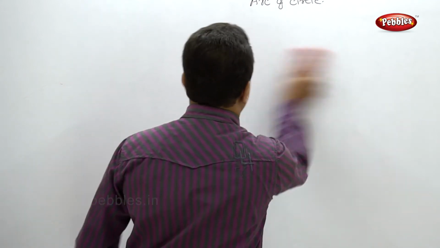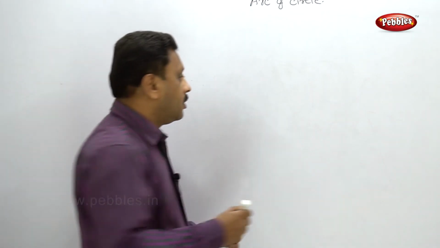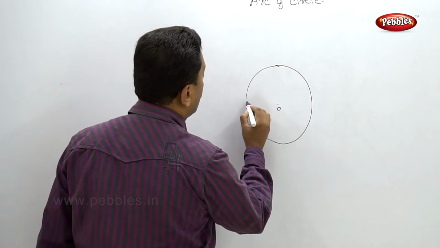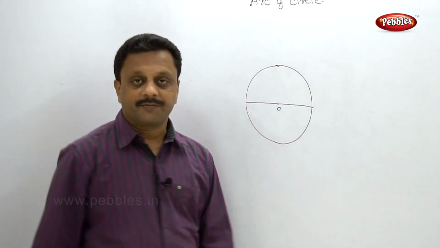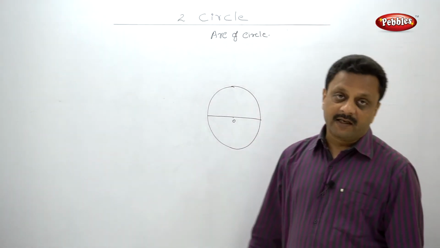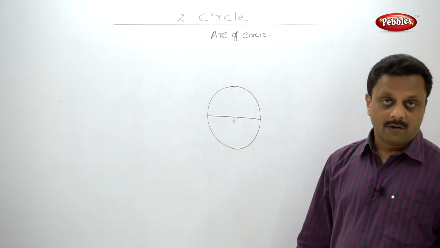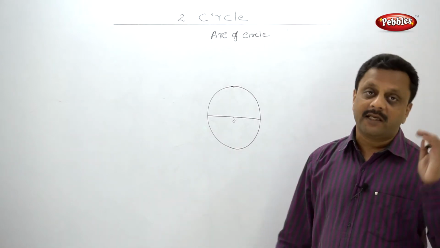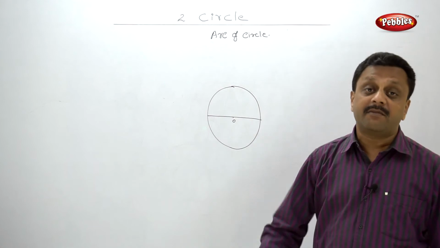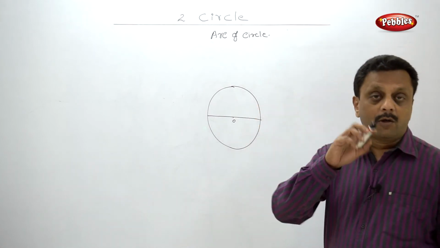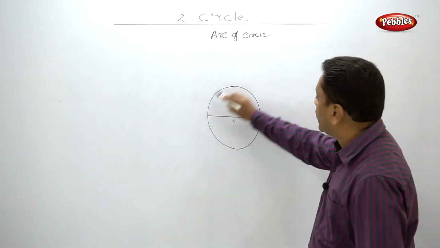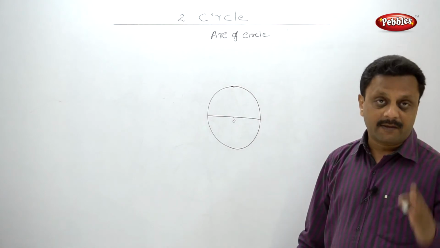The third point here is very simple, but you have to remember. Suppose this is a circle and this is a center O and this is a diameter. Then the theorem says that any angle subtended by a semicircle, or any angle inscribed in the semicircle, means that two arms must cut the diameter and the starting point must be on this semicircle, is a right angle.